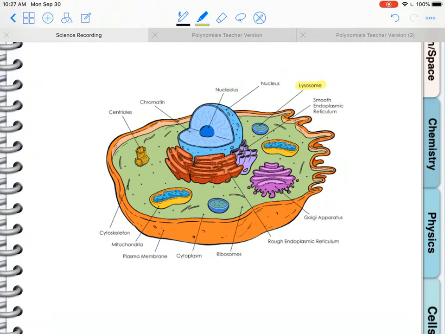A lysosome, the smooth endoplasmic reticulum, a Golgi apparatus, the rough endoplasmic reticulum, ribosomes, here's the cytoplasm, that jelly-like stuff, plasma membrane, the mitochondria, cytoskeleton, those are pieces of that cell. And those are, at least most of them are organelles.